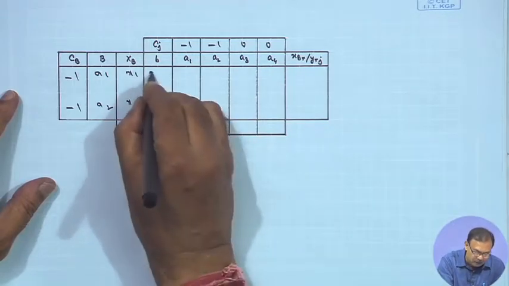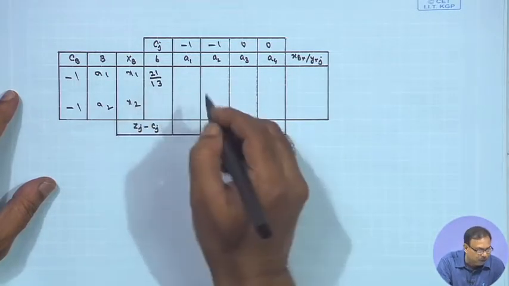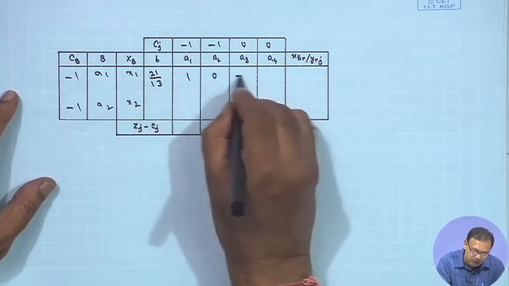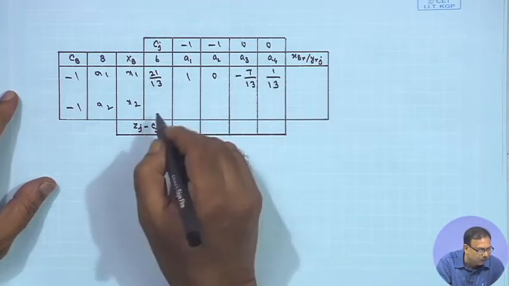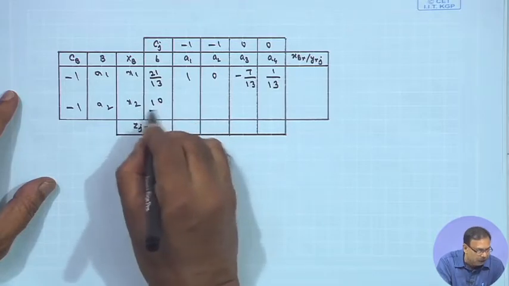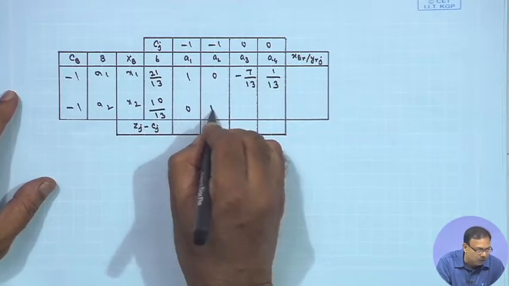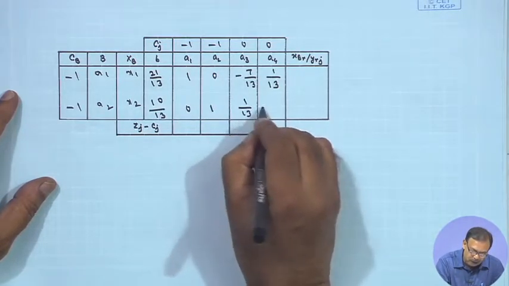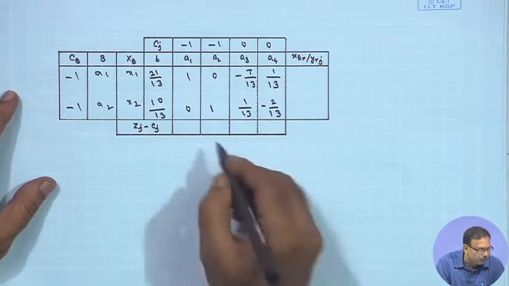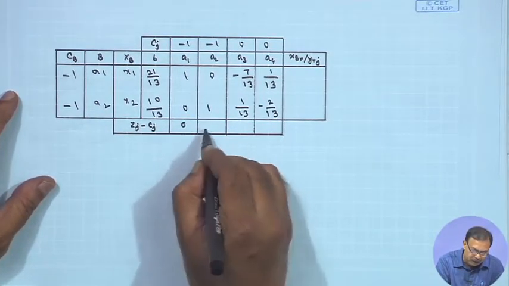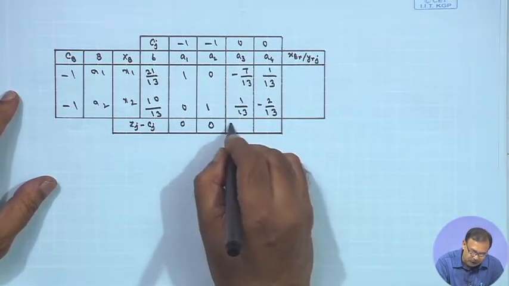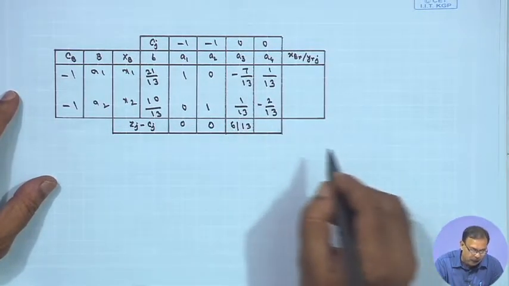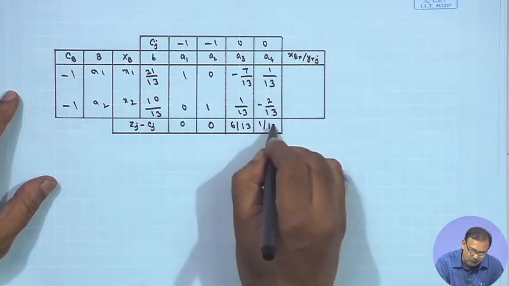I am writing again 21/13, 1 0 minus 7/13, and a4 is 1/13, then 10/13, 0 1, 1/13 minus 2/13. If I calculate z_j minus c_j, this will be 0, 0, 6/13, and the last one will be 1/13.